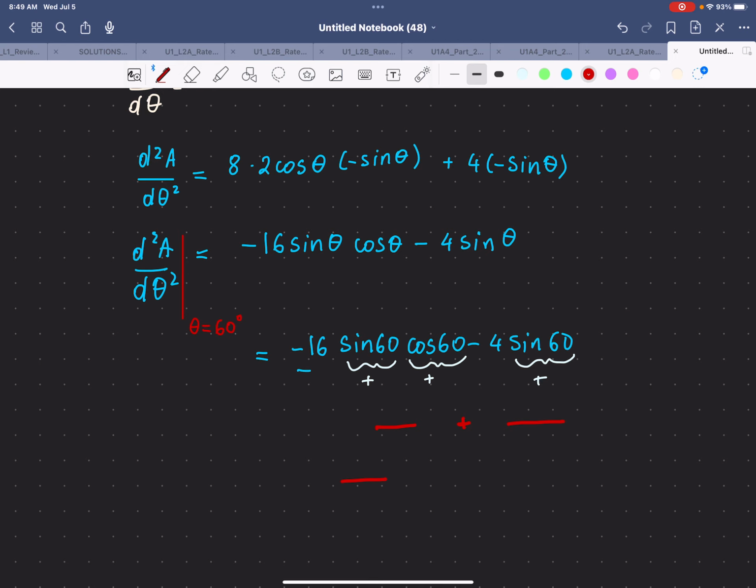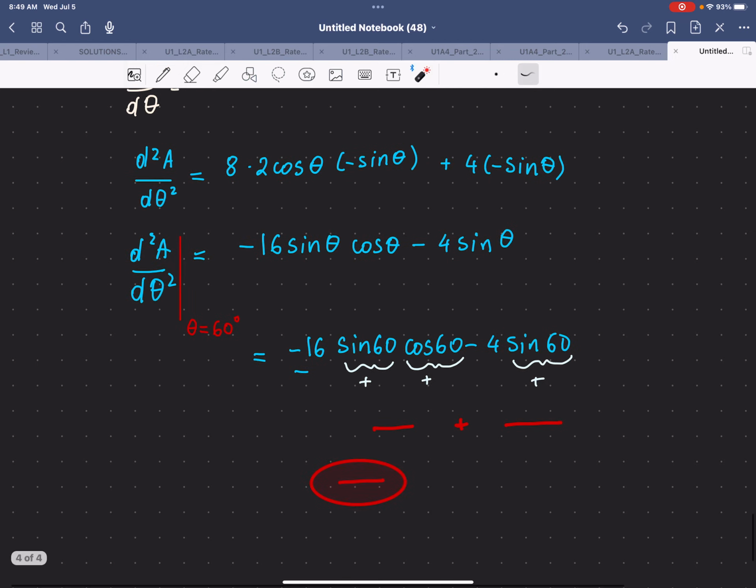So what does that mean in terms of the second derivative test? When the second derivative of a function is negative at a point, it tells us that the function must be concave down at the point where we evaluated the second derivative.